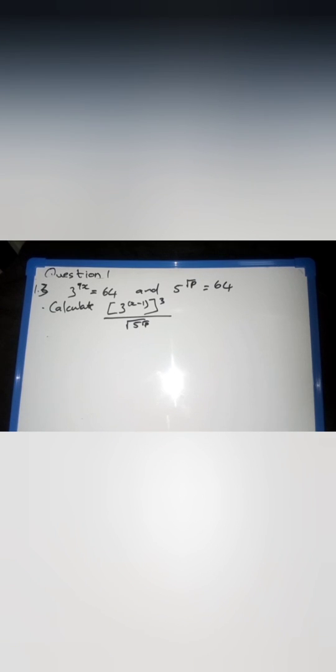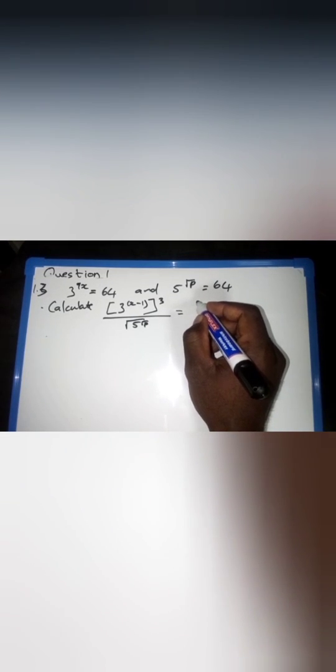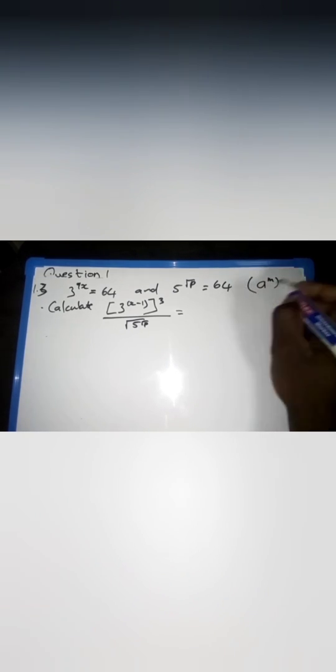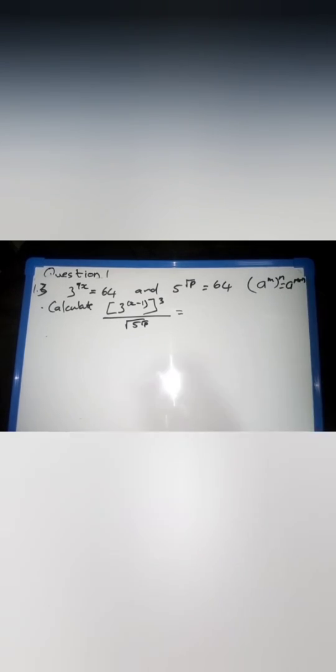To do this one, exponential laws will be very important here. You must know your exponential laws. If you look at the numerator, we'll be using the exponential law (a^m)^n equals a^(m times n). So that's the law we'll use for the numerator.